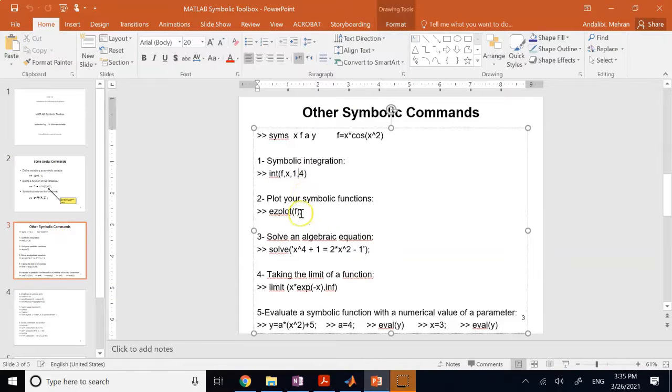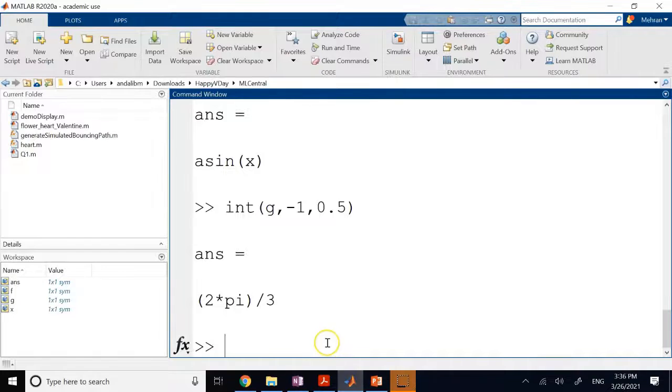Now, can we plot symbolic functions? Yes. In order to plot something, it does not necessarily have to be a bunch of numbers. Right? I said x equals from 0, a bunch of points, to 100, y equals sine of x, then plot x versus y.